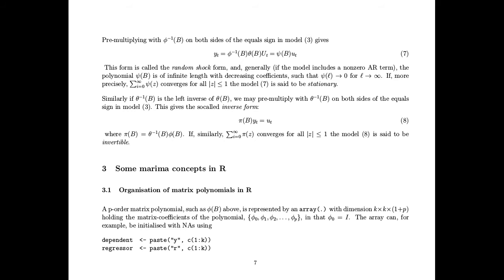So basically, you can take any model and write it like this: y equals a multiplication of the inverse of the AR part on the moving average part, and then just have it as a psi polynomial. This is also, you can say, the transfer function concept that we talked about the last couple of weeks, and here it's called the random shock form.